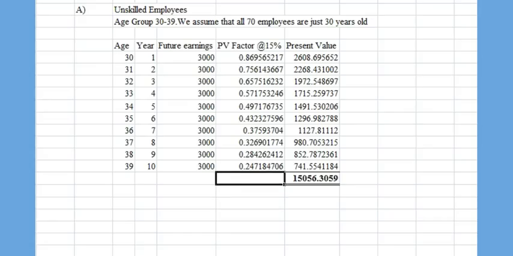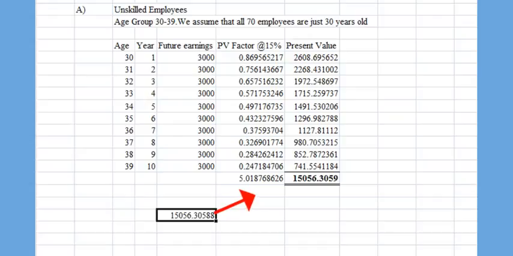This can be alternatively found by adding the sum of all present value factors of 15% from 1 to 10 years, that is 0.8696 plus 0.7561 plus up to 0.2472, and multiplying the same with 3000 once and for all.